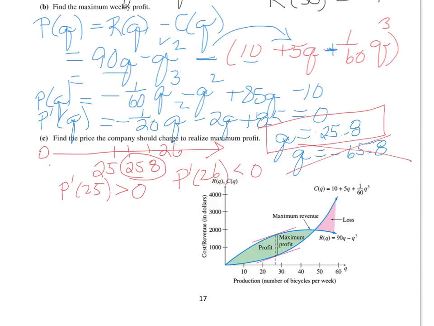So that means that your function is going up and then going back down. So 25.8 is your maximum, and since at 26 you're actually going to be losing money, then what you want to do is you want to make 25.